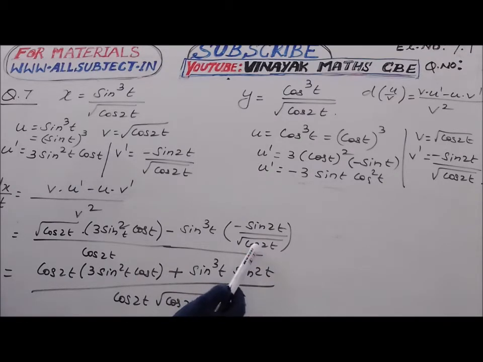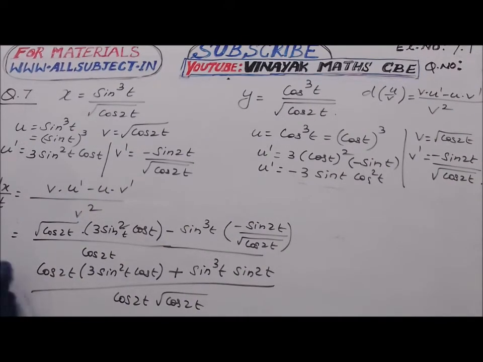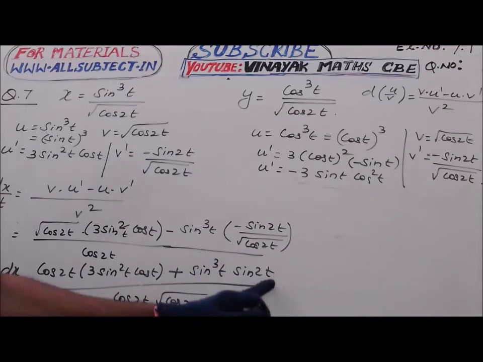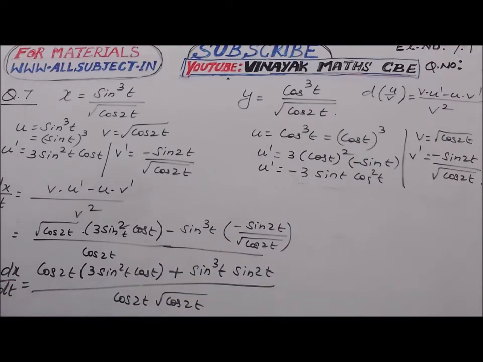This cos 2t, root of cos 2t will be multiplied with cos 2t. So we will get dx by dt equal to cos 2t into 3 sin square t cos t plus sin cube t sin 2t by cos 2t into root of cos 2t.